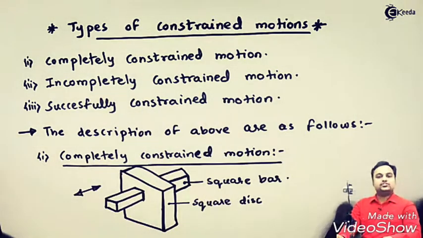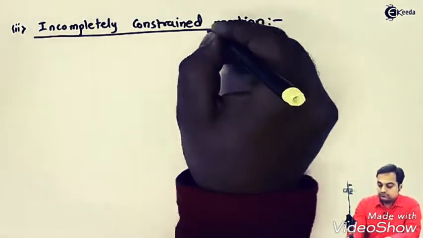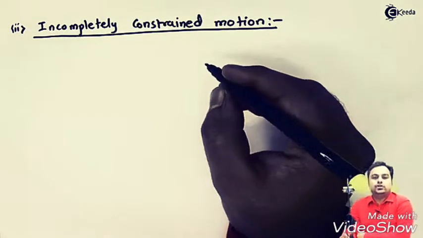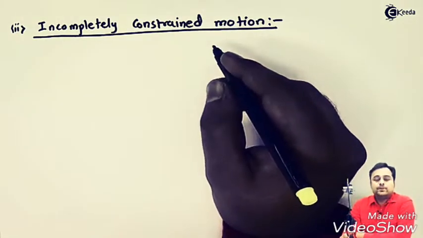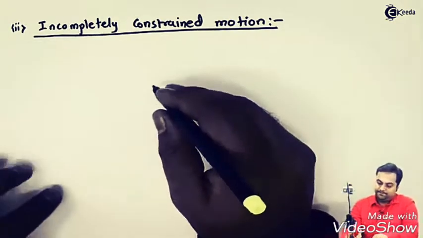Now incompletely constrained motion. In incompletely constrained motion, motion is possible in more than one direction, that I can explain with a diagram.